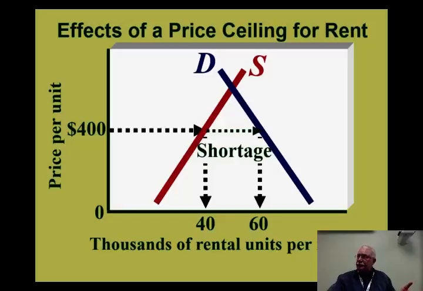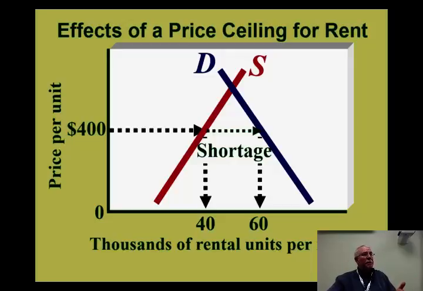Now, look what's happening here. If you have rent control, which is a ceiling, saying that rent can't go above a certain amount, in this case $400, you've got winners and you've got losers. Same with the minimum wage law. If you set the minimum wage above the equilibrium wage, you're going to get more unemployment, but you still get winners and losers.